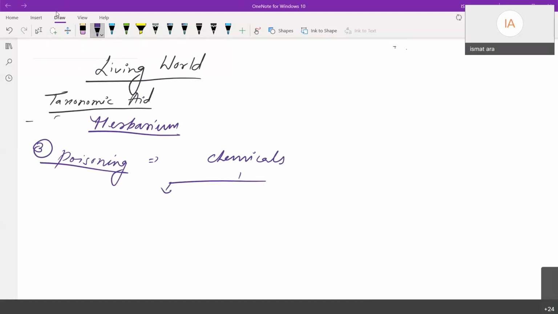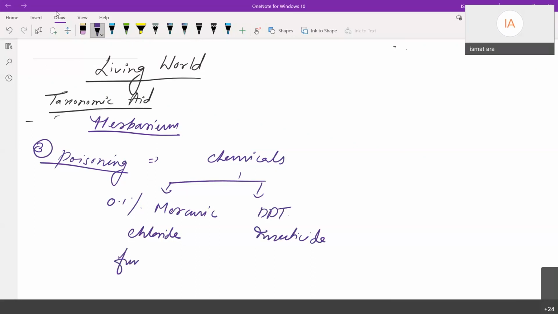What chemicals? 0.1% mercuric chloride and DDT. DDT is an insecticide, so that no insect will damage that plant part. Mercuric chloride is a fungicide. We are putting it on the newspaper.